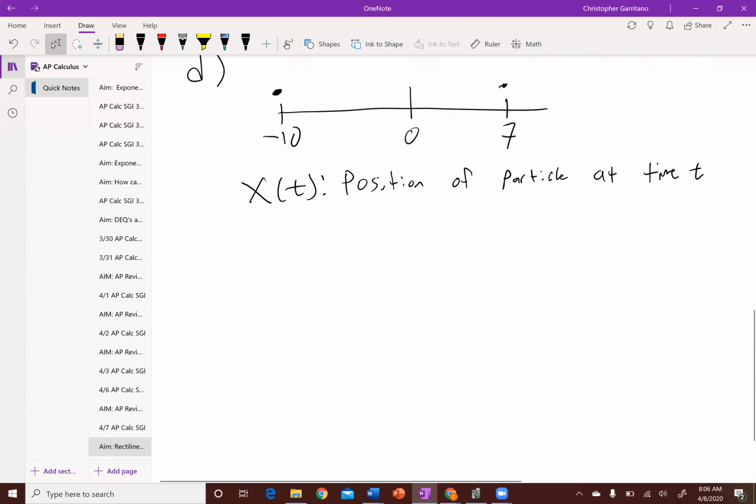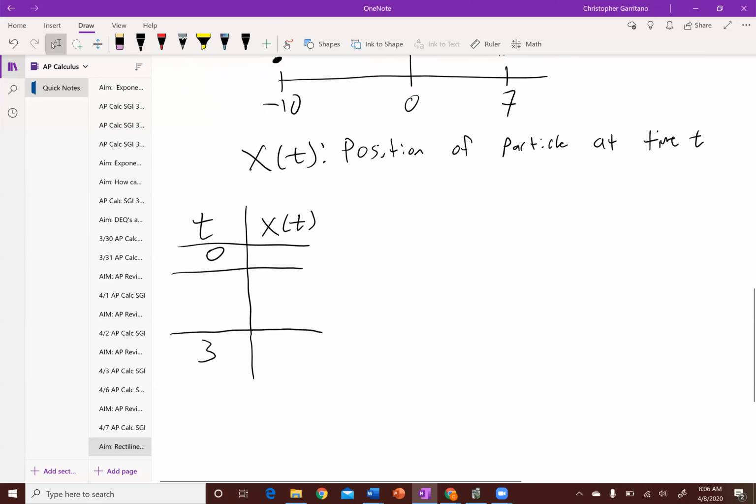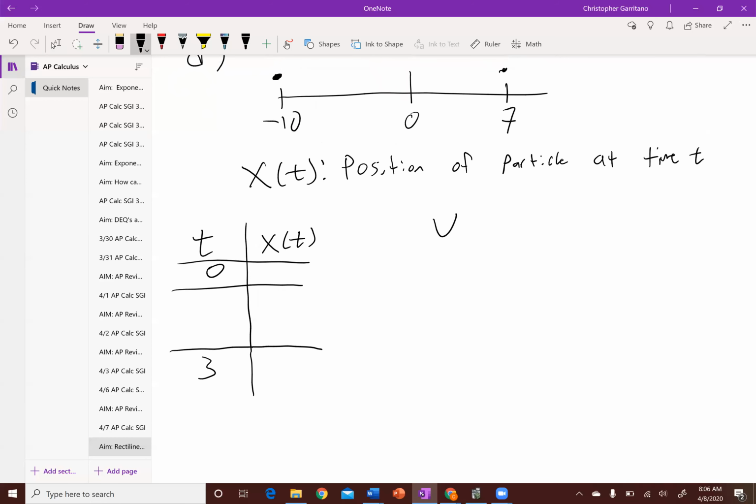And so I, right off the bat, have two of my candidates for max or min of x of t. One candidate is 0, the other is 3. Okay, I now just have to identify the other candidates by setting v of t equal to 0 or undefined.